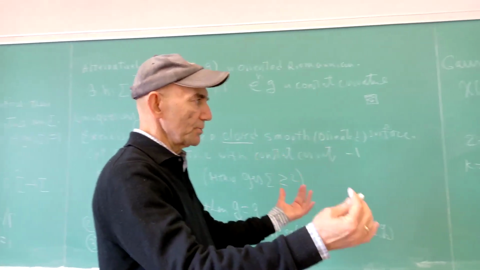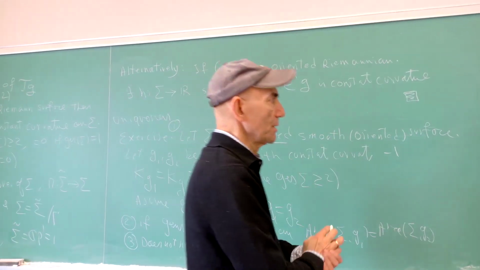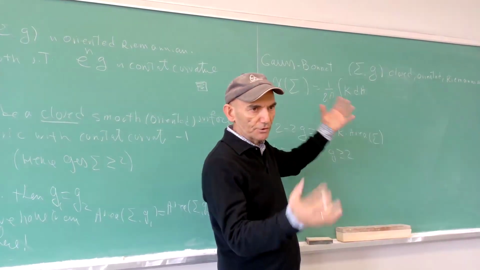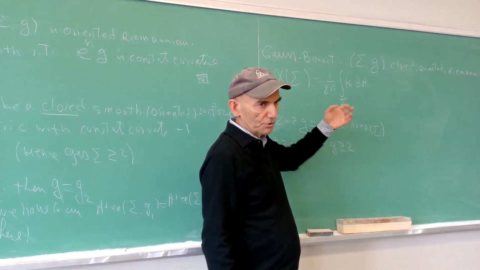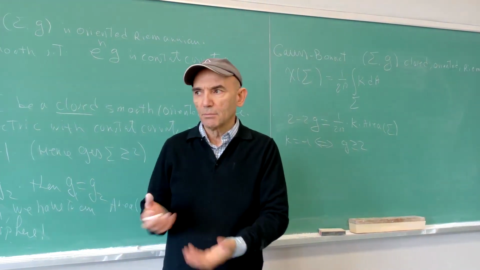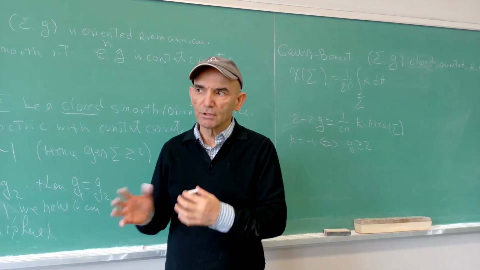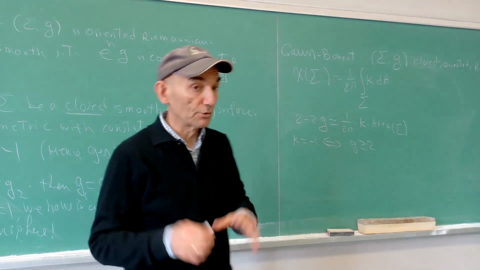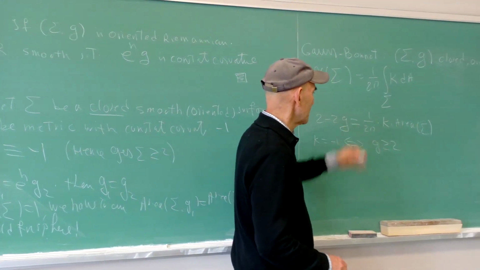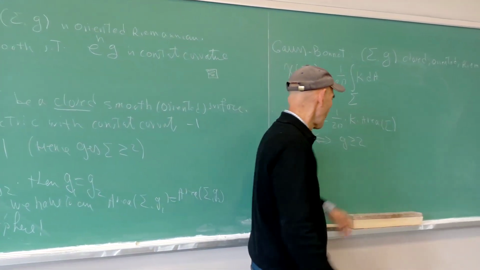So the curvature actually controls topology. That's one of the first examples of how curvature controls topology, which is weird because we think a metric should be about something else, but it actually controls topology too. And topology also controls the metric. It's a perfect connection between them.